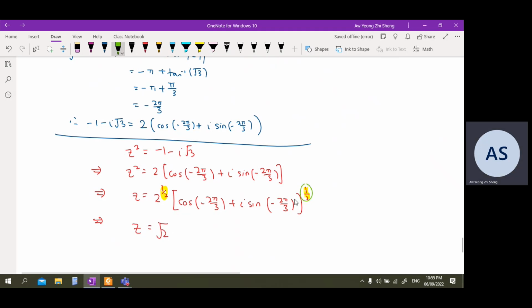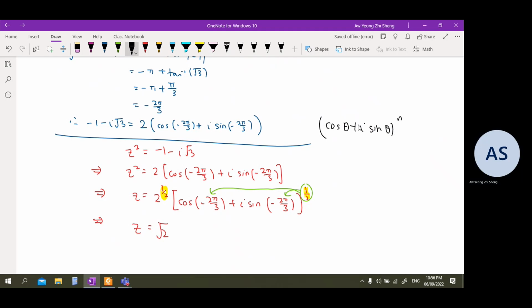This 1/2, by De Moivre's theorem, I can just multiply it inside. I can safely apply De Moivre's theorem because I have the modulus argument form inside the square bracket, the cos theta plus i sin theta form. Recall De Moivre's theorem, which says cos theta plus i sin theta to the n is the same as cos n theta plus i sin n theta.